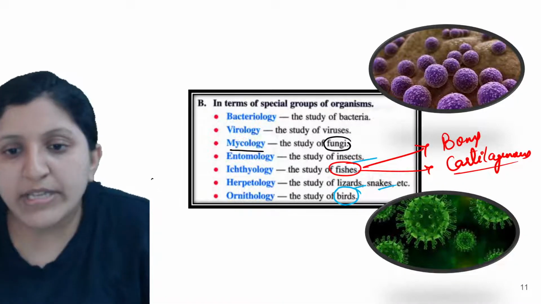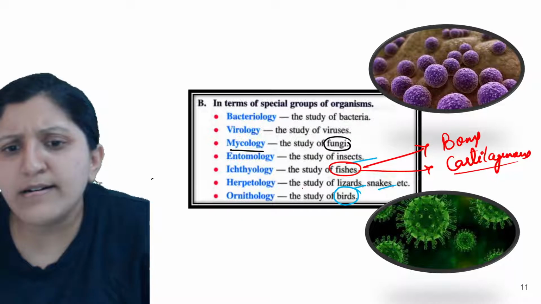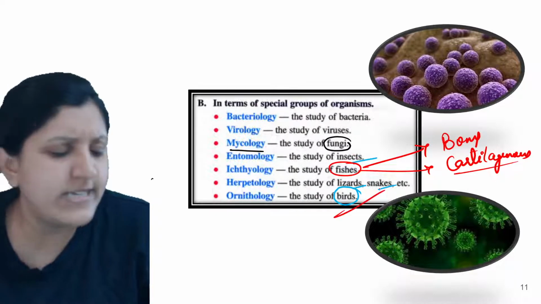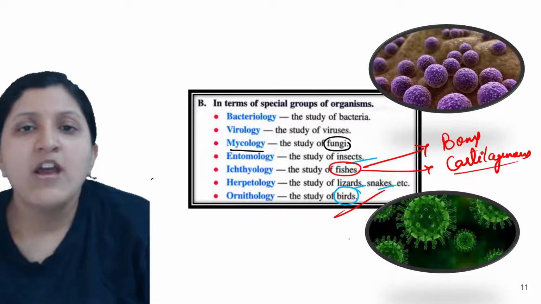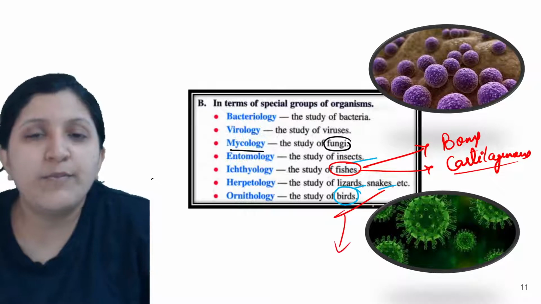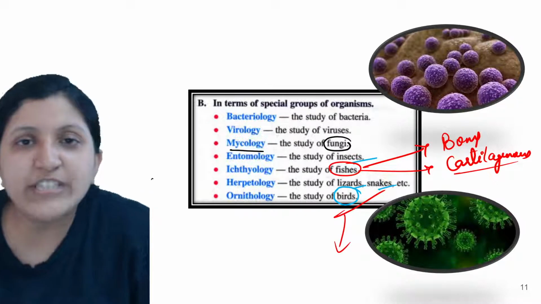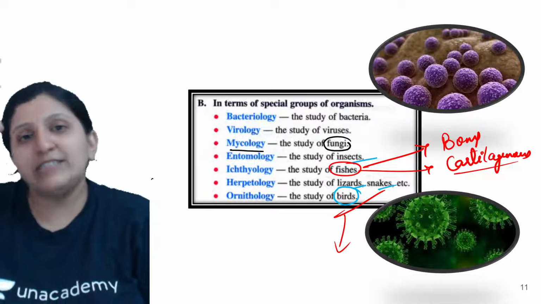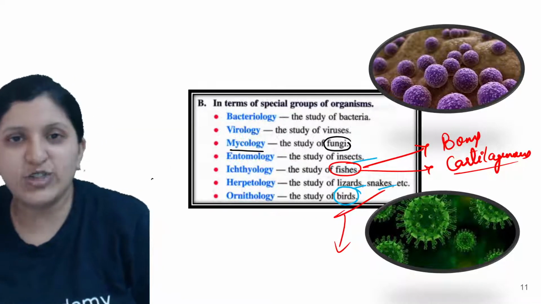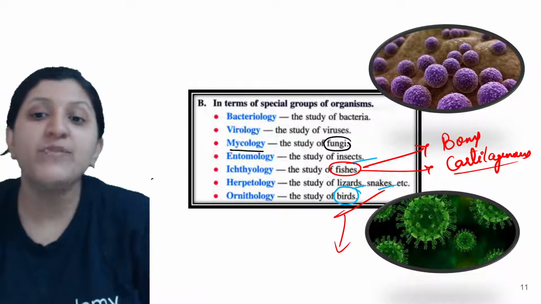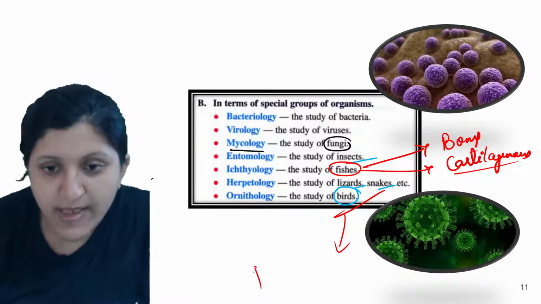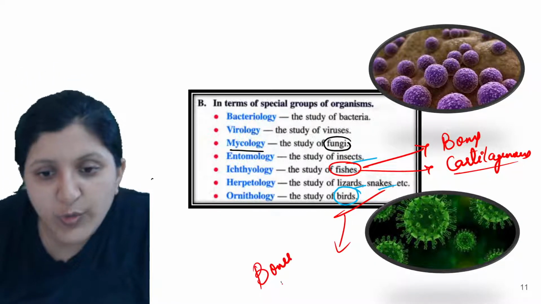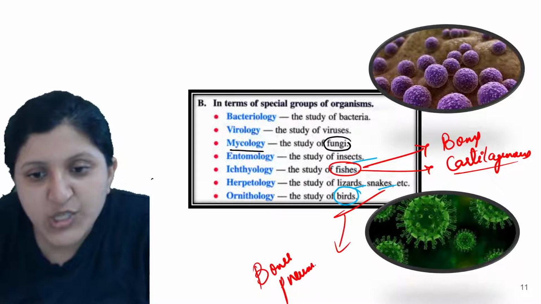Now, other than that, there is ornithology. This is about the study of birds. There, the body, the aerodynamic body, makes them suitable for flight in the air. That is possible because they have pneumatic bones. Their bones are actually pneumatic bones, that is, lightweight bones.